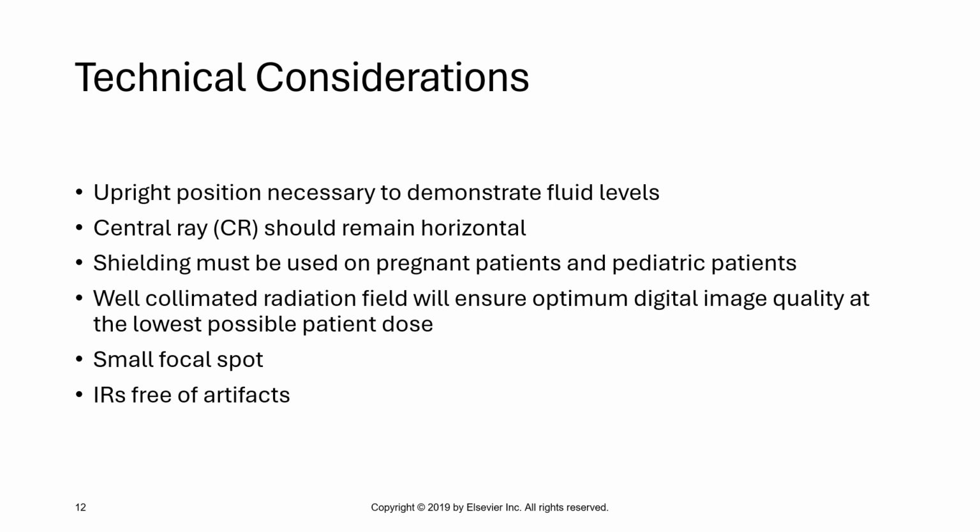Okay. A well-collimated radiation field will ensure optimal digital image quality at the lowest possible patient dose. You do want to trim in. The sinuses probably can be contained in a 6x6 or a 5x5 exposure field. You don't need the entire skull.